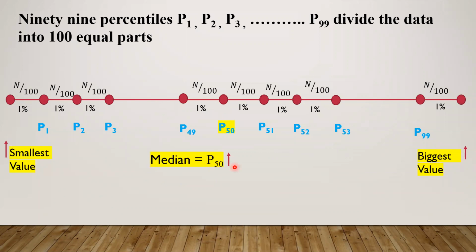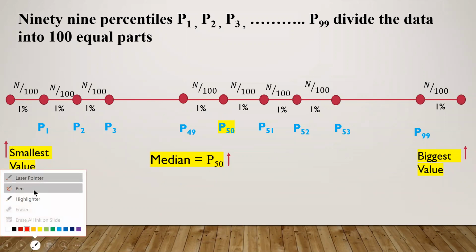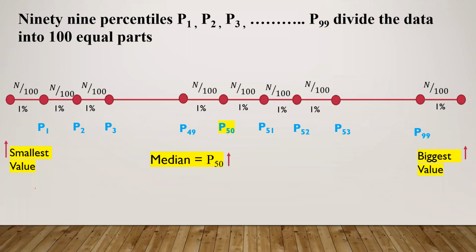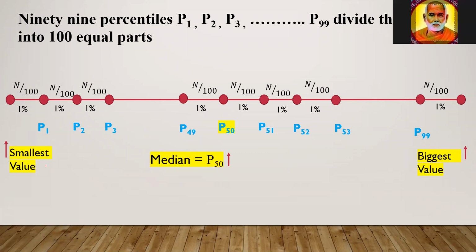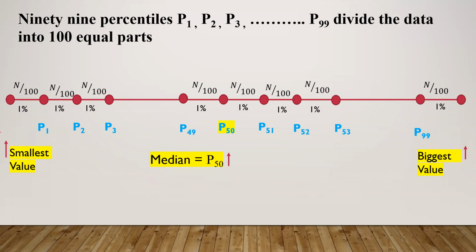So you remember that if you have to calculate P50, the 50th percentile, it will be the same as median. Now, if you remember, in quartiles, which value coincides with median? It was Q2, the second quartile.